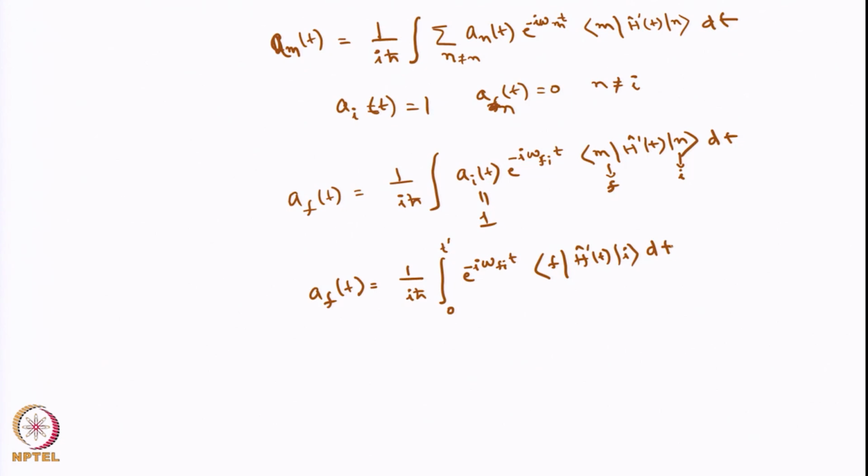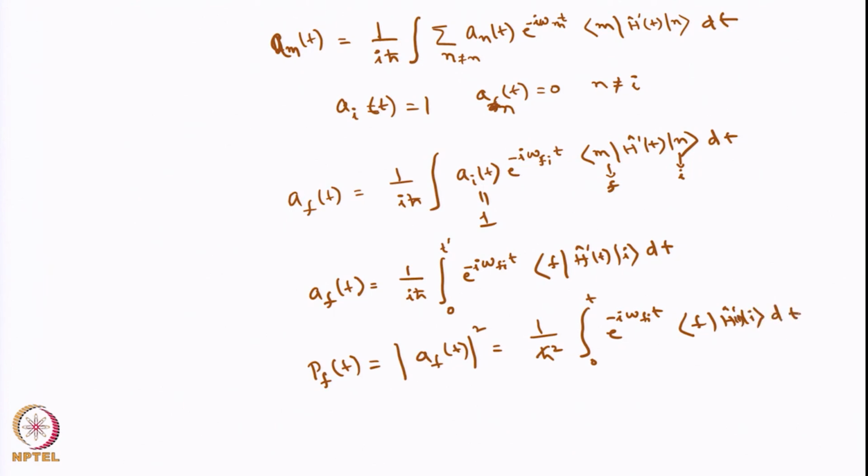So that is my coefficient of the f state, and if I want to consider the probability of the f state, P_f of t, then I will take the modulus of a_f of t whole square. So this will become 1 over h bar square, integral 0 to t, e to the power of minus i omega_fi t, f h prime of t i, dt, whole square.